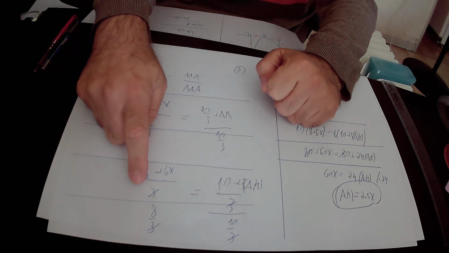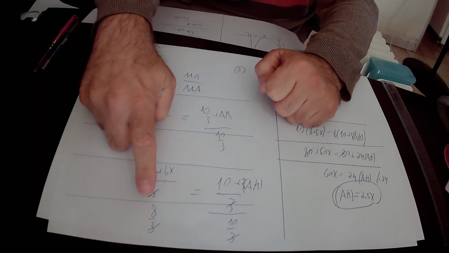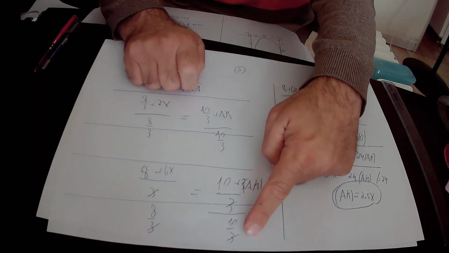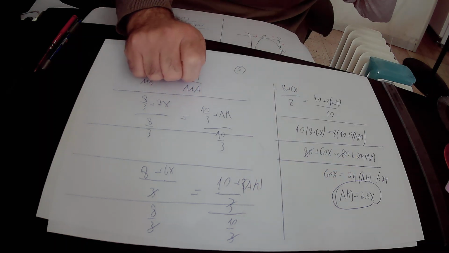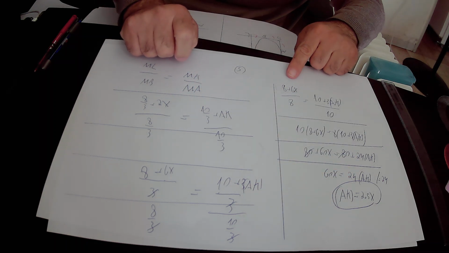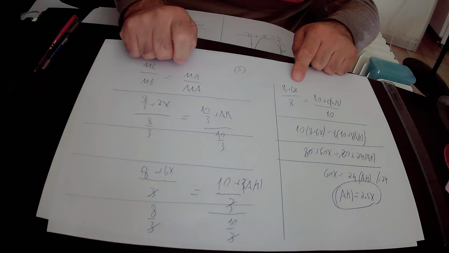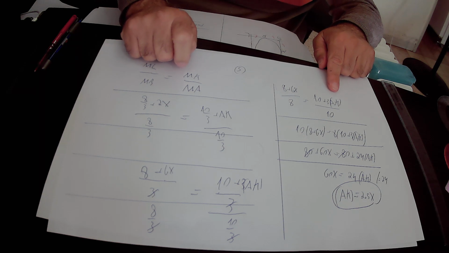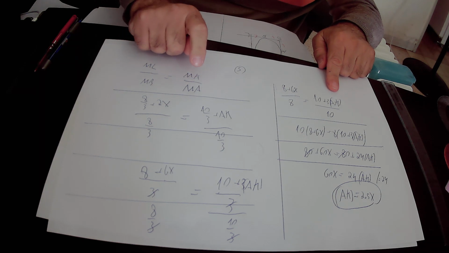We have 3 in the numerator and 3 in the denominator, so 3 will get cancelled. And finally we get that 8 plus 6x over 8 equals 10 plus 3AK over 10.